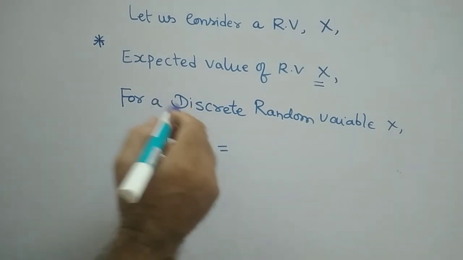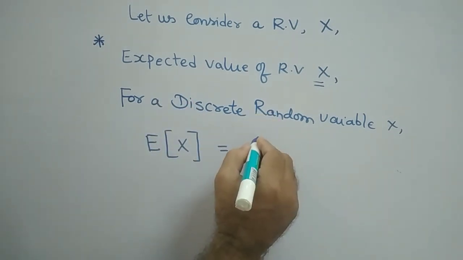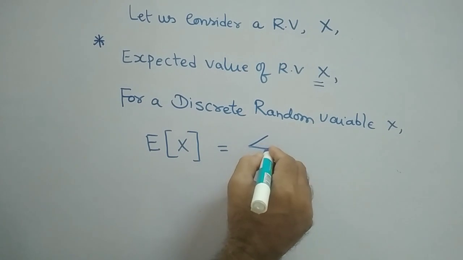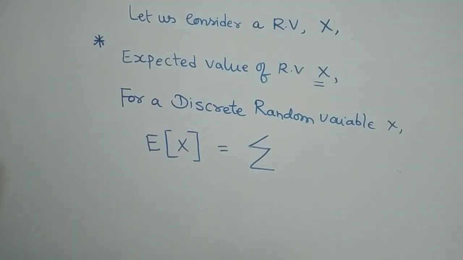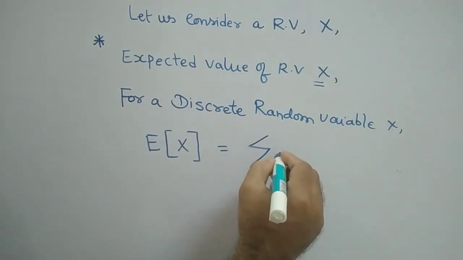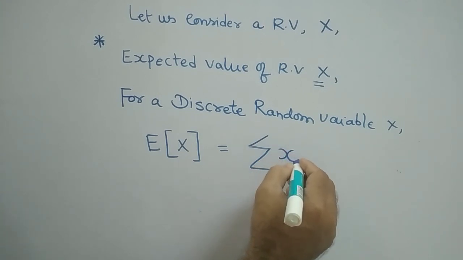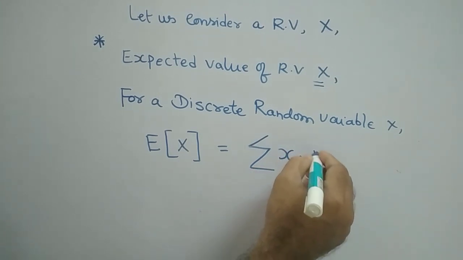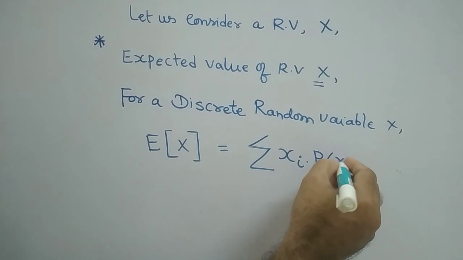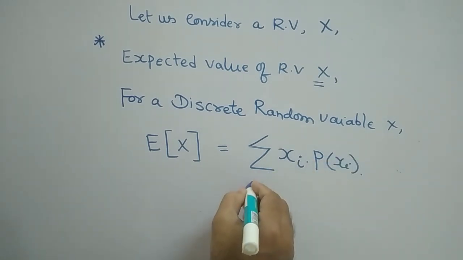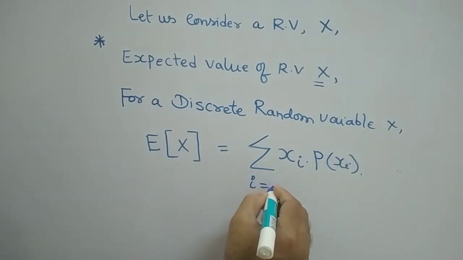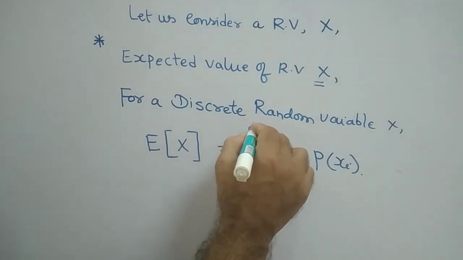Now for a discrete random variable, instead of integration you will have the summation. So sigma over x suffix i into p suffix i. That's it, where i stands for i equals 1 to small n, you can write anything.